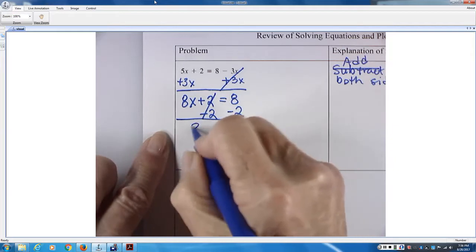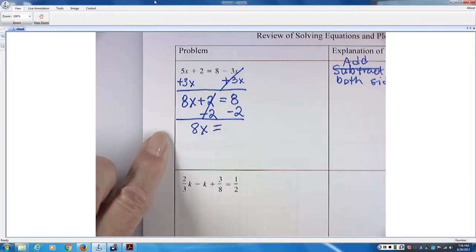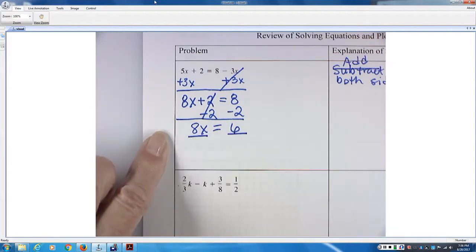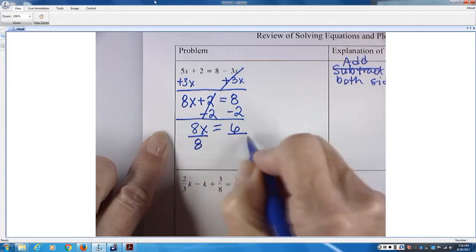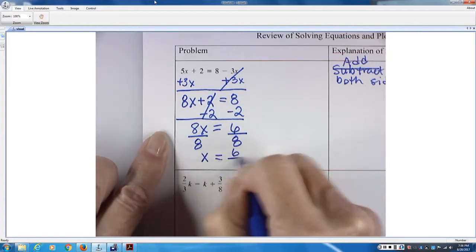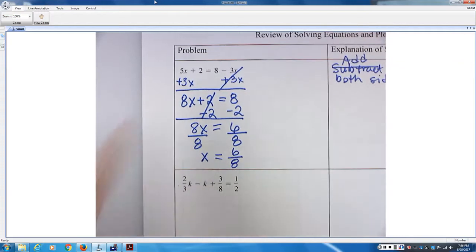So I have 8x is equal to 8 minus 2, which is 6. Then I'm going to divide both sides by 8. So x is equal to 6 over 8.